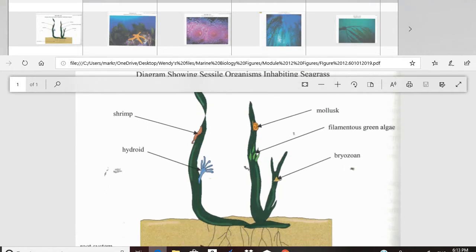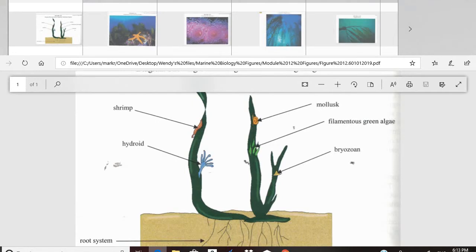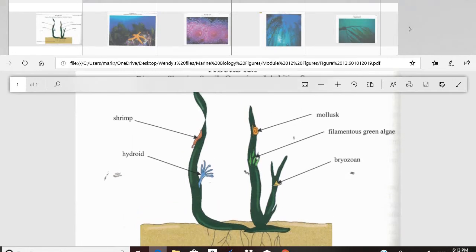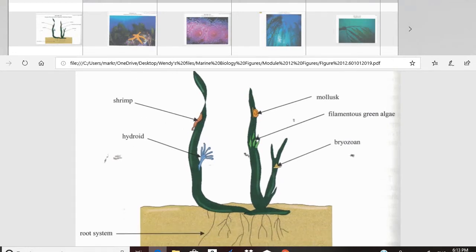Oh, the other thing I was going to show you, remember I said that the seagrasses provide shelter for organisms. This should have been back when we were still talking about the soft bottom. But what I wanted to show you was that on this seagrass there are a variety of organisms that take shelter on the plant itself.